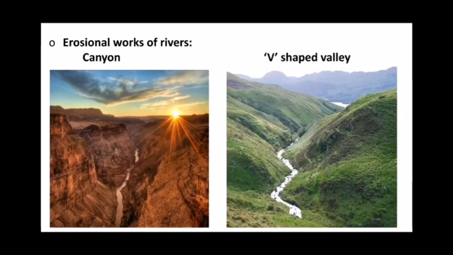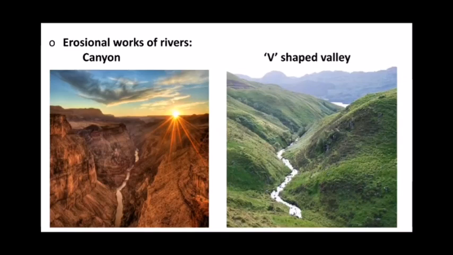Here, the river flows at a very great speed, and therefore its power to erode all the material, be it sand, soil, or pebbles around the corner of the river, is very great. The riverbed and the river banks get eroded because of the fast flowing water.